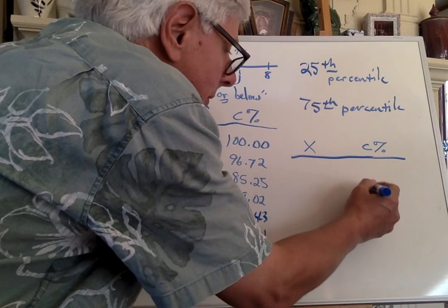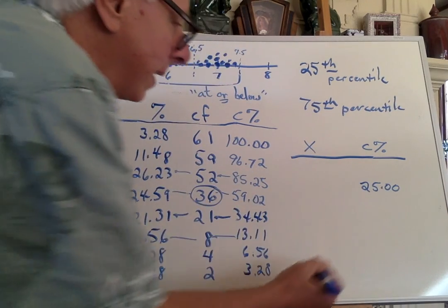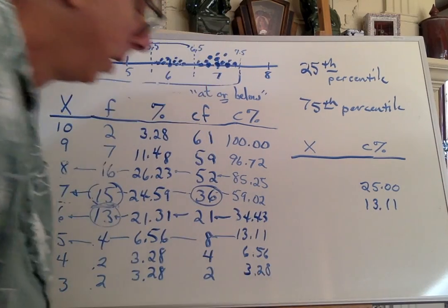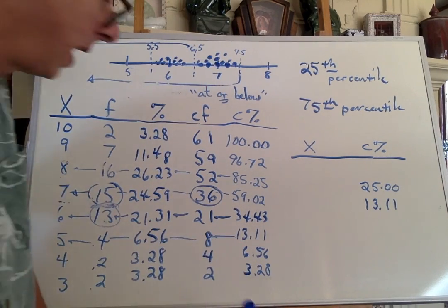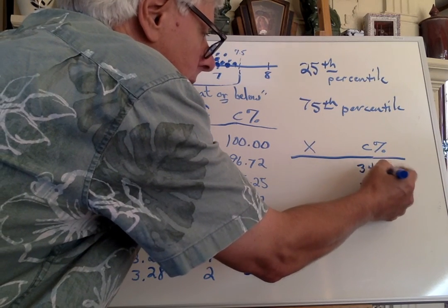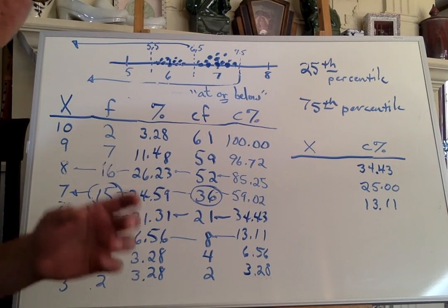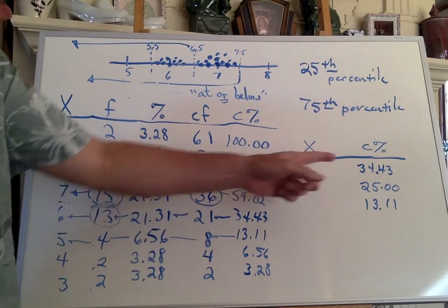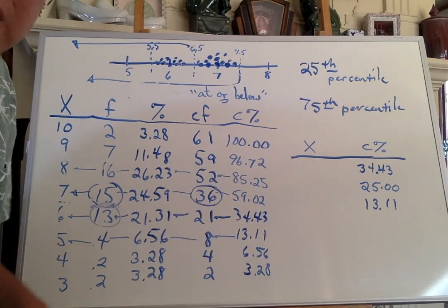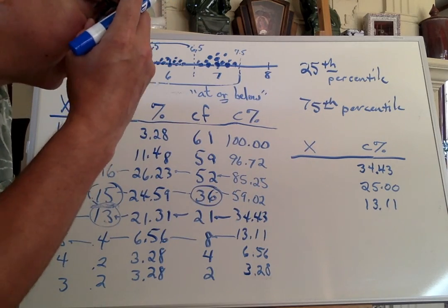This is what I'm looking for, right? It's not on here, but I do know the 13.11th percentile. I do know the 34.43rd percentile. Those end up being my poles. If I know poles that surround my 25th, then I can get my 25th. Very powerful, right? Interpolation, very powerful.